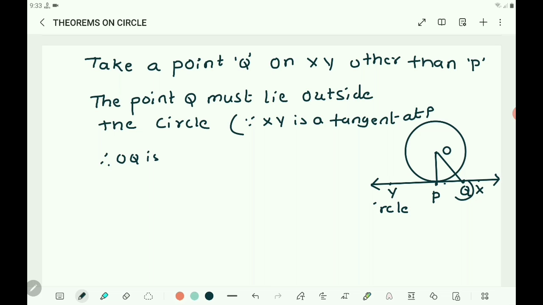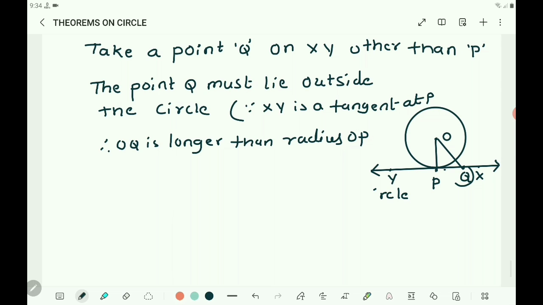OQ is longer than radius OP. That is what we can write, OQ greater than OP.